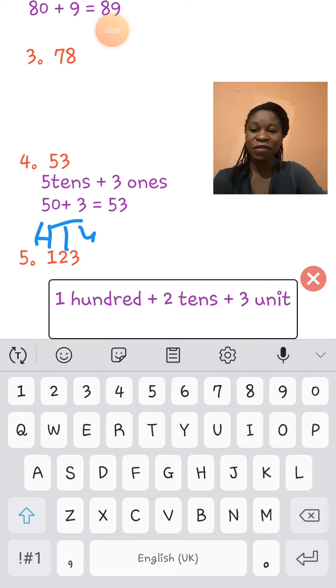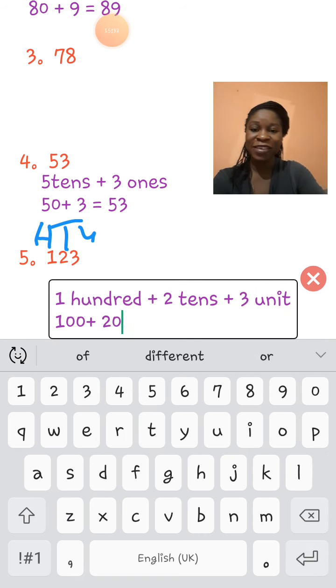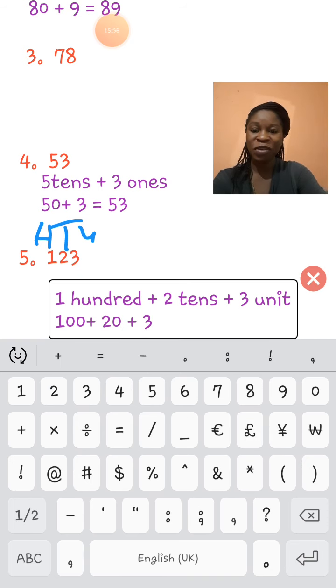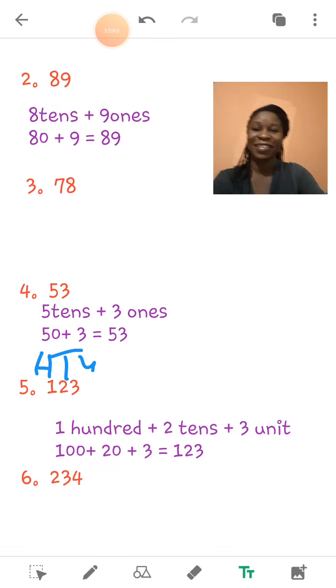So that would now give us 100 plus 20 plus 3, which will give us the answer back, 123. That's it. I did that so that you can understand that you cannot afford to miss a step.